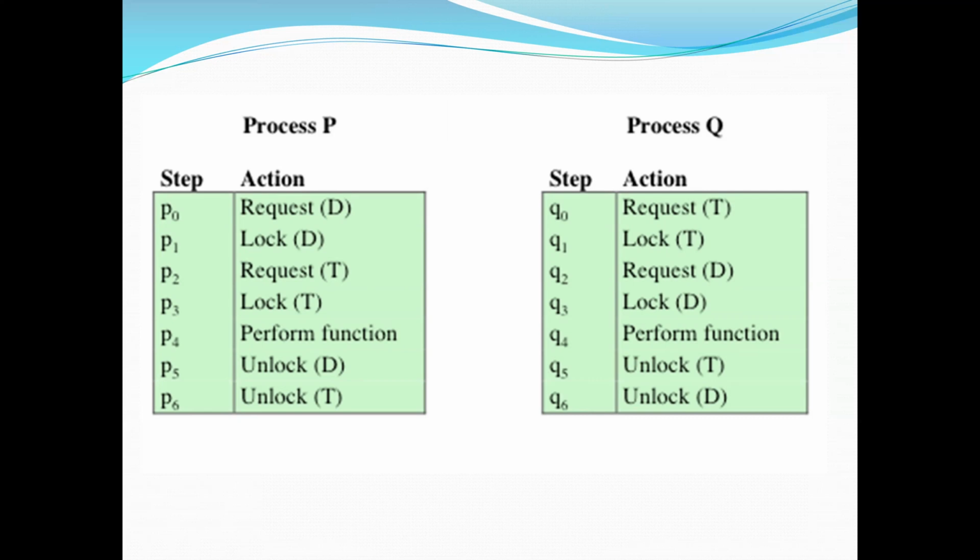Let's say we have P0, then P1, then Q0, Q1, then P2, Q2. Again, a deadlock will occur. Process Q has requested T and it has T, and it's requesting D also, but it's not releasing the T.